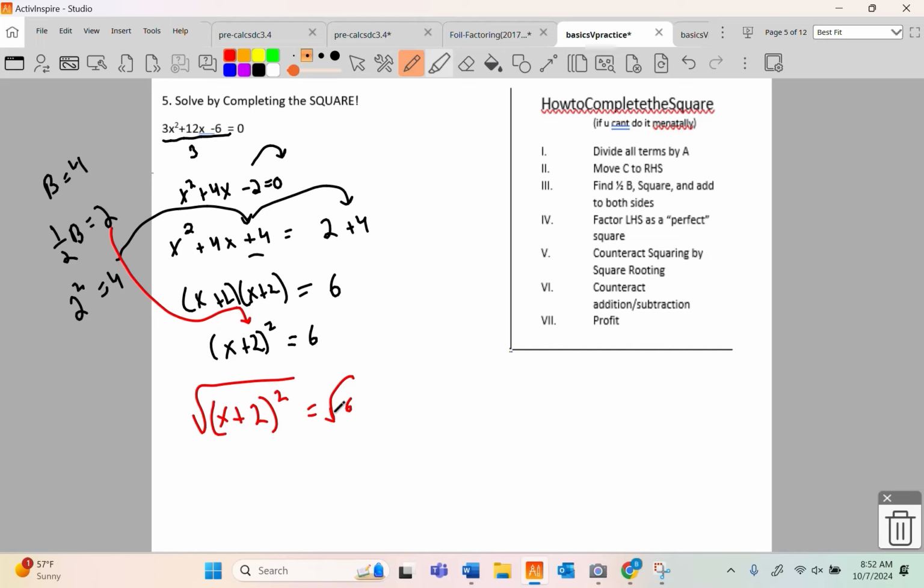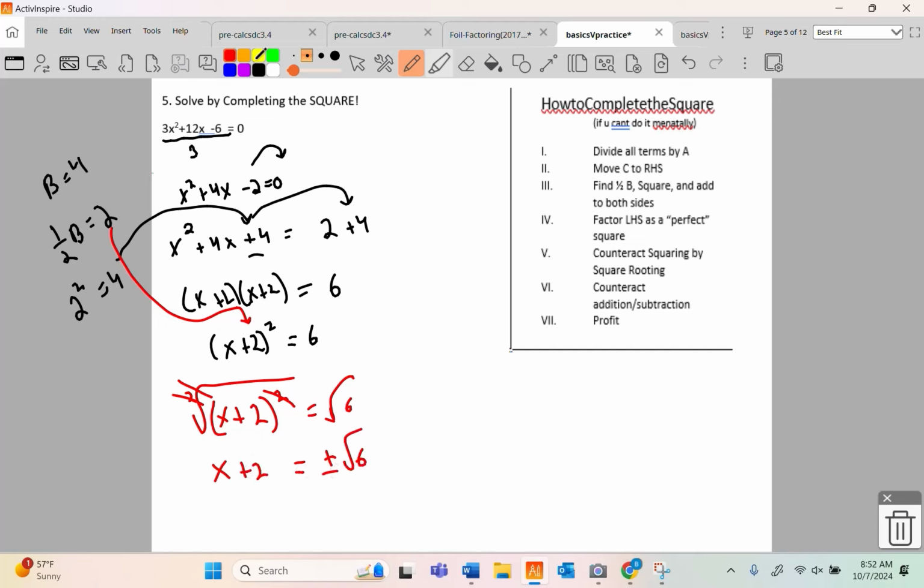Now, I don't know what the square root of 6 is, and I don't care what the square root of 6 is. I'm going to leave it square root of 6. I'm not going to be pushing buttons in a calculator. Now, where was I? A square root and a square cancel each other out. It's because the square root actually has an understood 2 and then it disappears. And I'm left with x plus 2 equals plus or minus root 6.